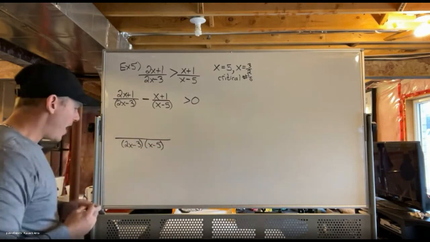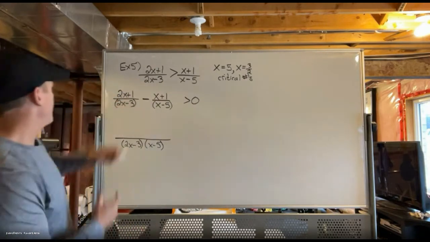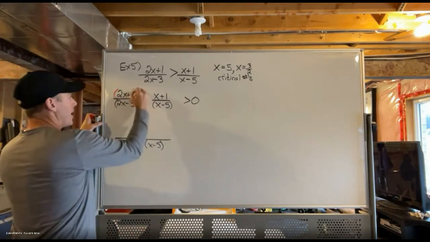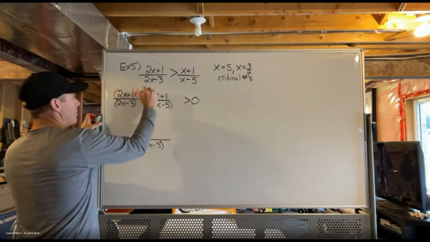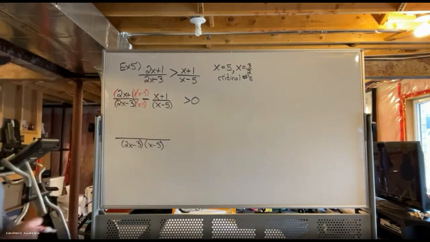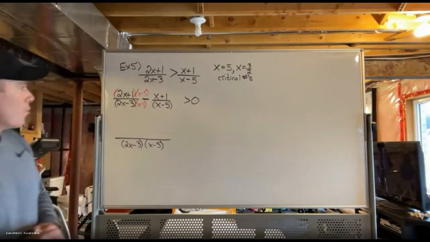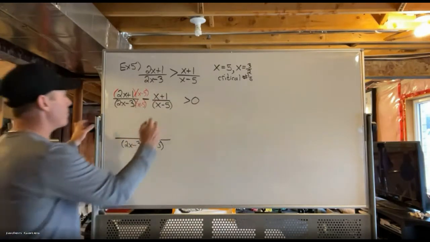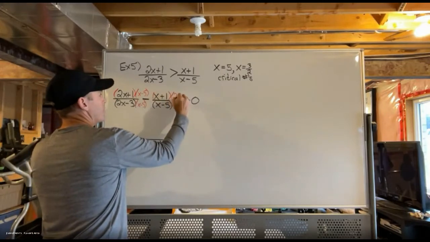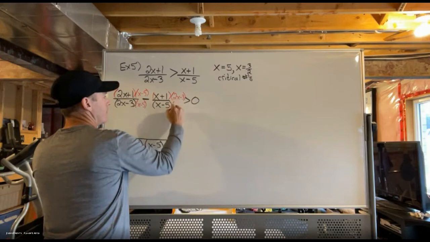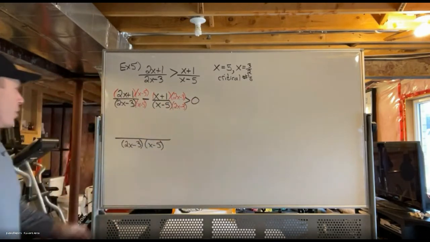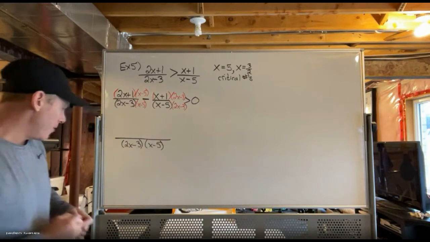Now, to make that happen, I'm going to have to take my first function and multiply it by x minus 5 on the top and an x minus 5 on the bottom. My second rational function, I'm going to have to multiply both the top and the bottom by a 2x minus 3. That's the only way I can get them a common denominator.